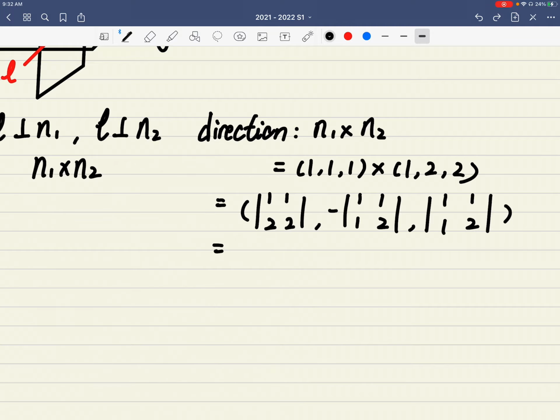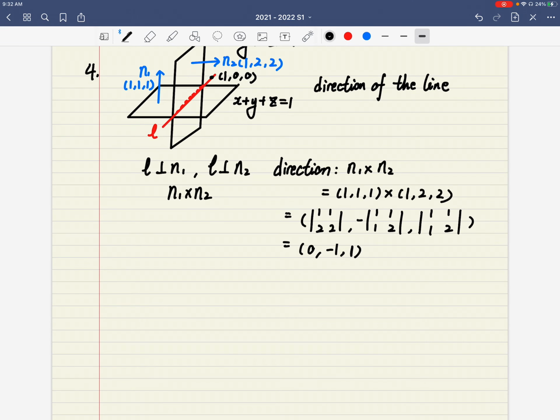It's 2 minus 2, it's 0. This part is the product of this minus the product of this. So it's 2 minus 1, with a negative sign, so it's negative 1. Here it's 2 minus 1, it's 1. Okay, so this is the direction of the line, right?